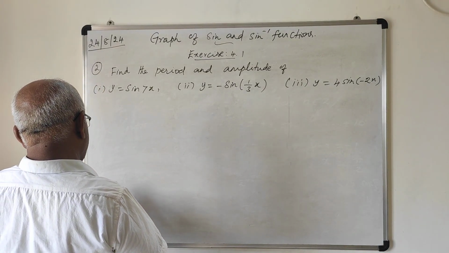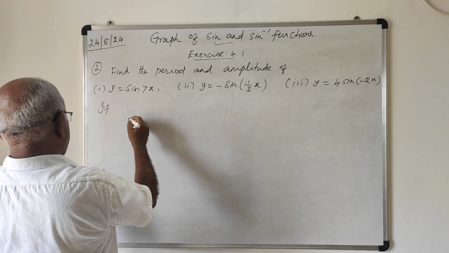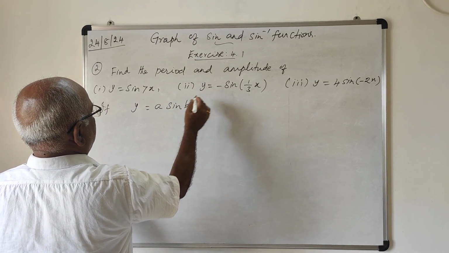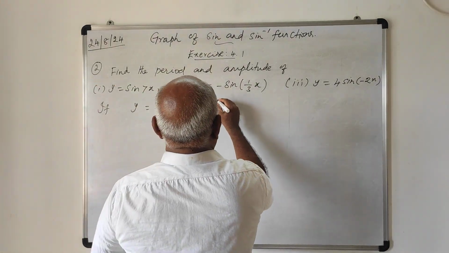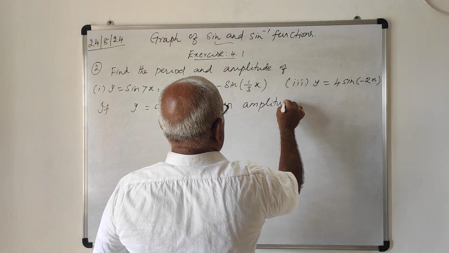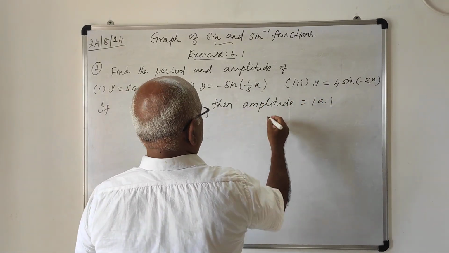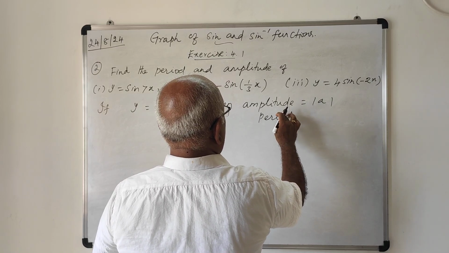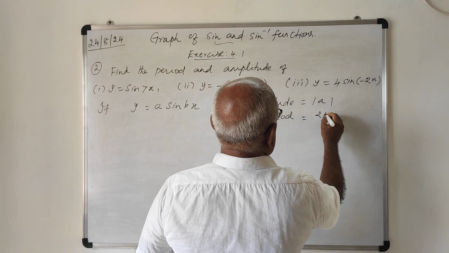See, the general formula: if y equal to a into sin bx, then amplitude is equal to modulus of a, and period is equal to 2 pi by mod b.